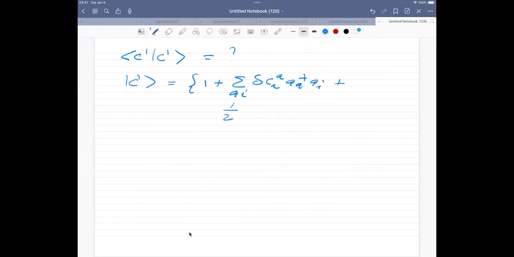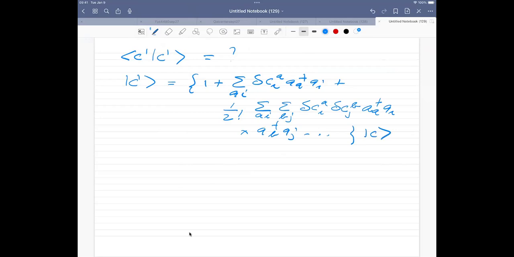So we are just writing out the terms: we have a_I, and then we have b_J, and then we have a delta C_I^A and a delta C_J^B, and then a set of operators, a_A^† a_I multiplied with a_B^† a_J, and this goes up to infinite order in delta C, and this acts on the state C here.